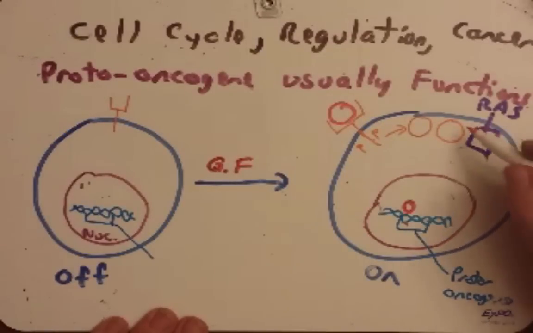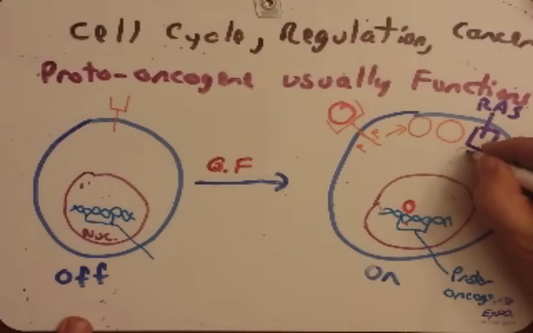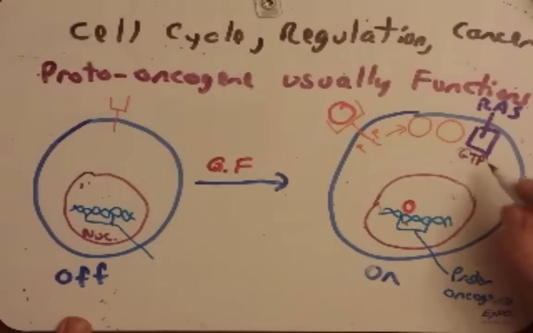Now all of the proteins in this pathway are activated. When RAS is active, and this process will activate it, it binds GTP. And as long as GTP is bound to RAS, it remains active.